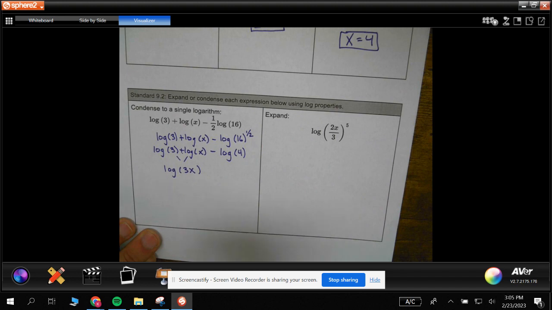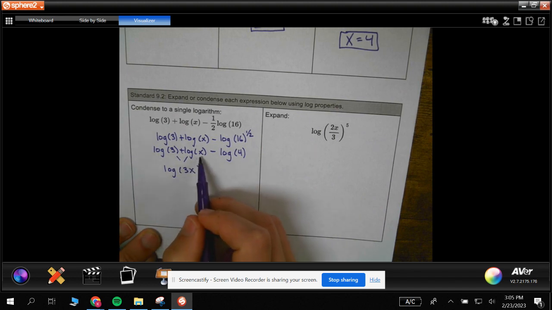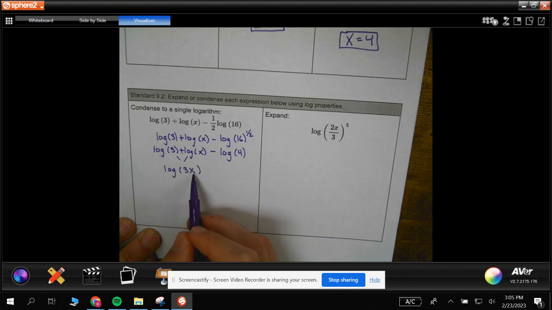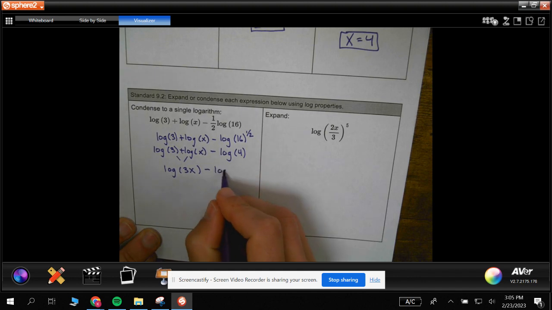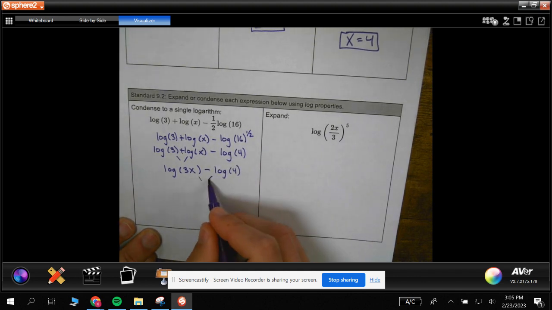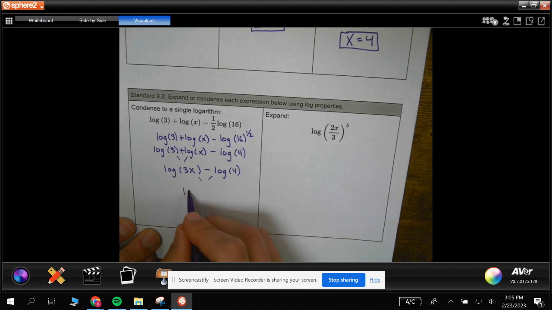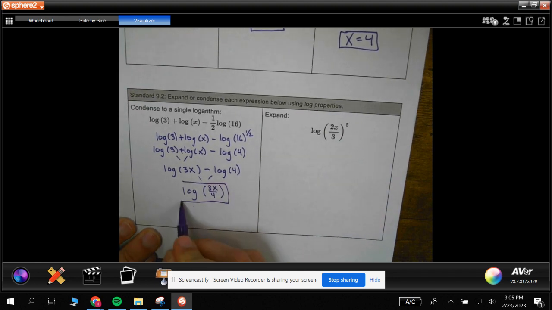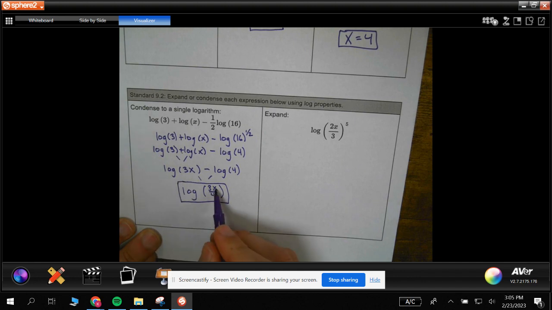So log base 10 of 3 plus log base 10 of x simplifies to log base 10 of 3 times x, minus log of 4. Now when I see a subtraction sign, I know that we are doing division inside. So that is my final answer right there. Notice it's just one logarithm: 3 times x divided by 4.